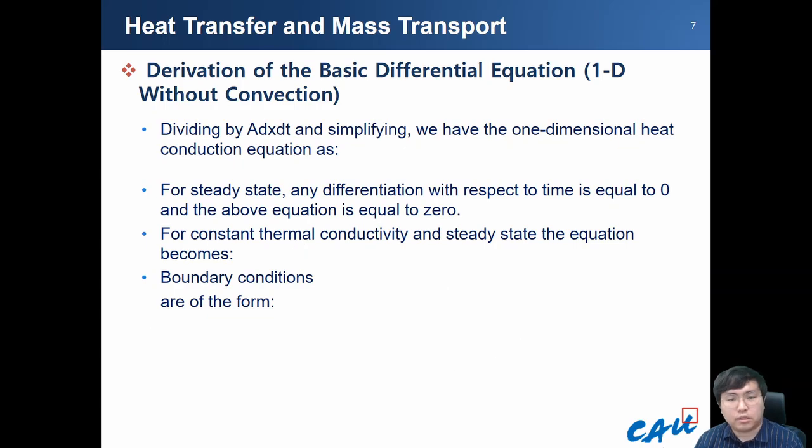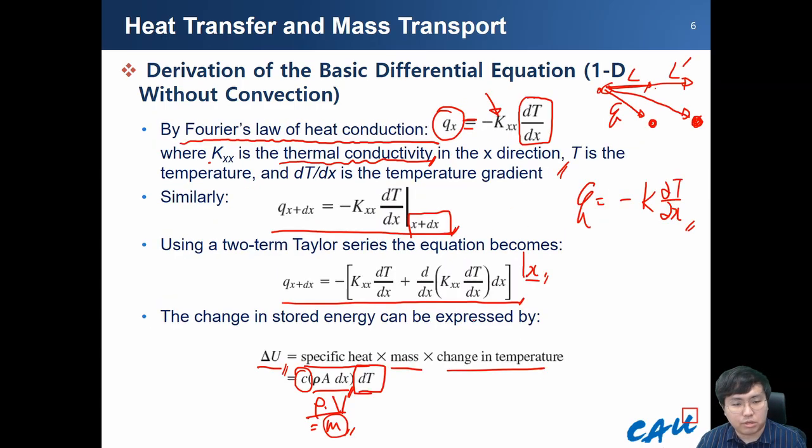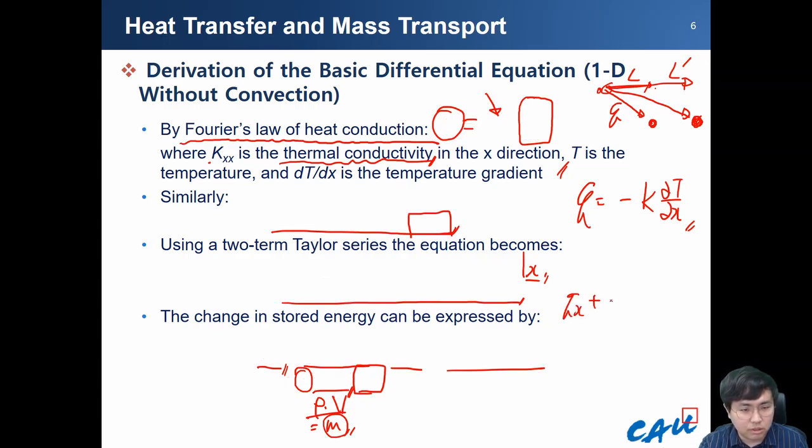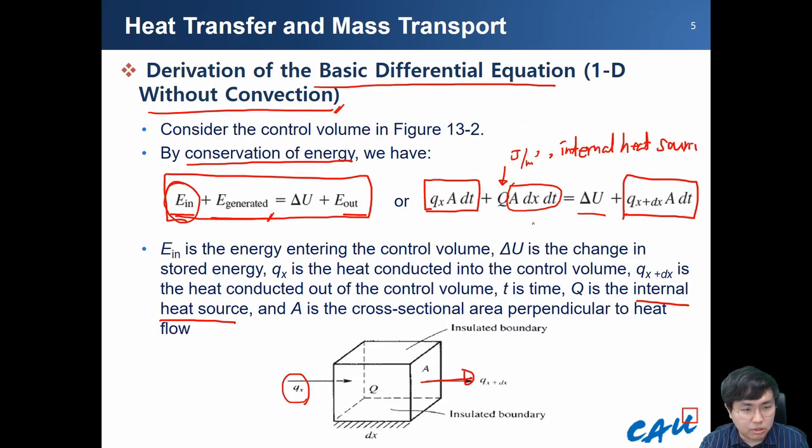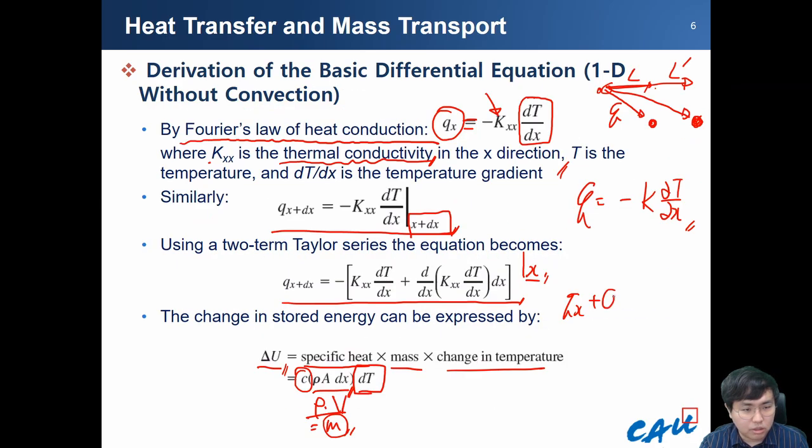So we should match the energy balance equation. Maybe q_x equals the energy generation in the previous slide. Where q_x A dt is equal to the internal energy c rho A dx times the temperature change, plus q_(x+dx) dt.